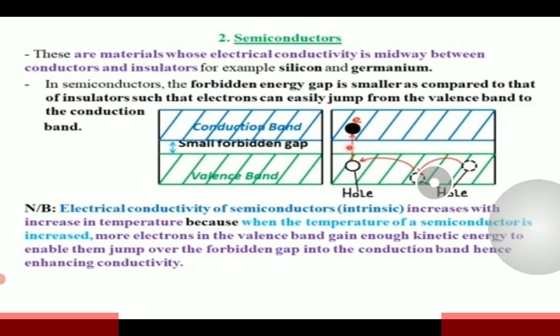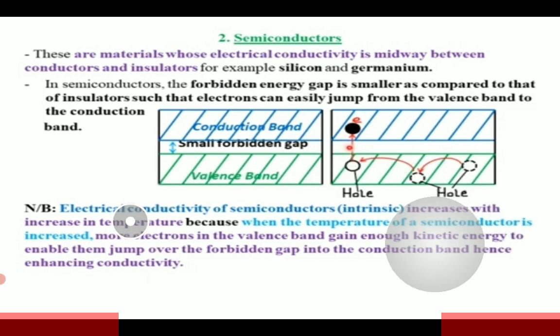The original place where the electron was before it moved is called a hole, and it is a positive charge. It is not a proton, it is just a positive particle similar to a proton. So the original position now gets its name, which is called a hole. So a hole is formed when an electron has moved from its original position to another position.